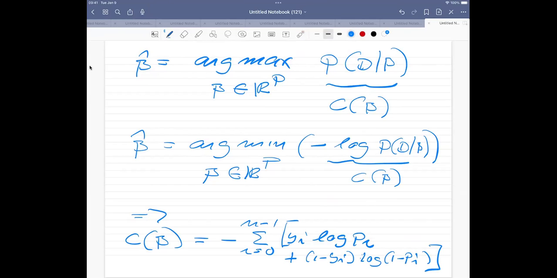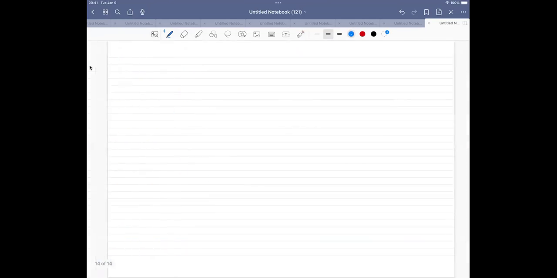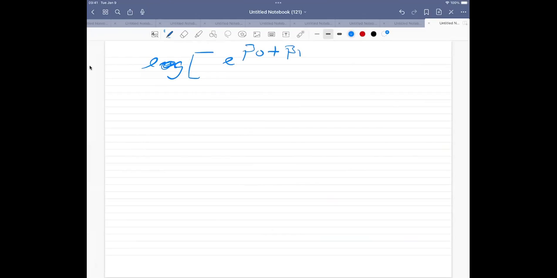So when I do that, you know that if I take the ln, let's just do this into log of this e to the beta_0 plus beta_1 x. Let me just do this intermediate step here. So we have everybody with us.